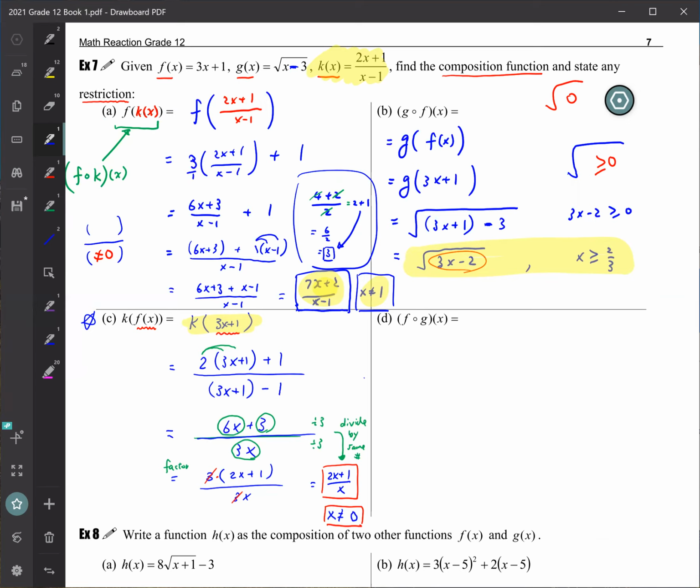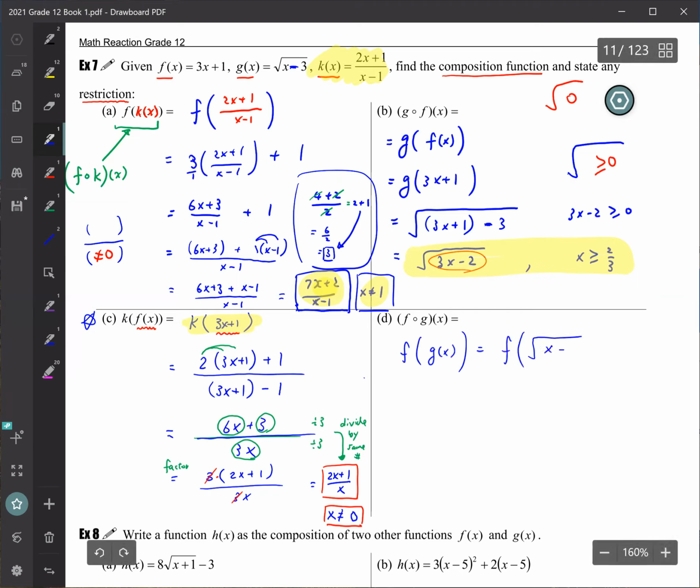So we'd have f of g of x. So the square root, it will be f of root x minus 3. Please do the first step and then raise your hand. After you input the square root, let me know.